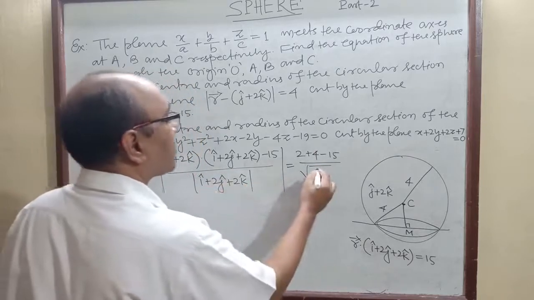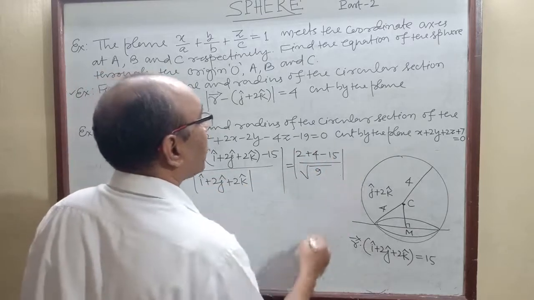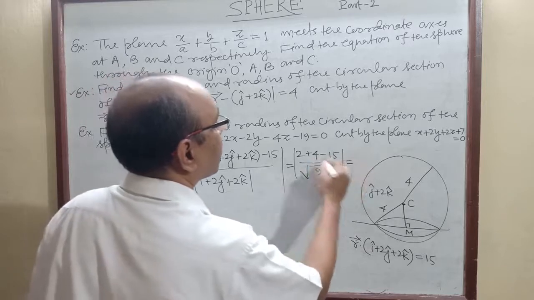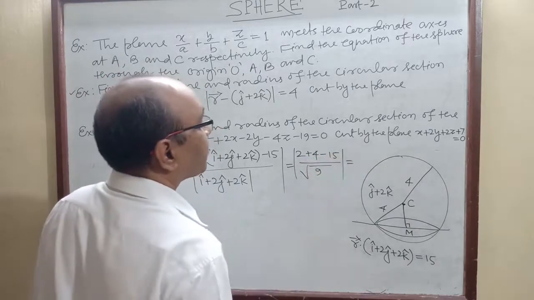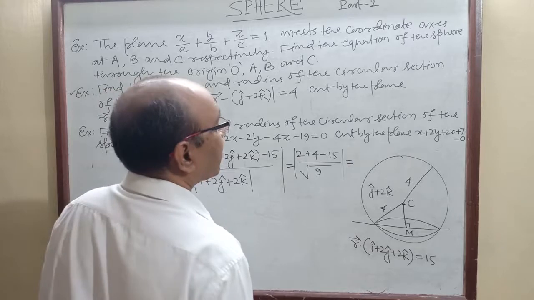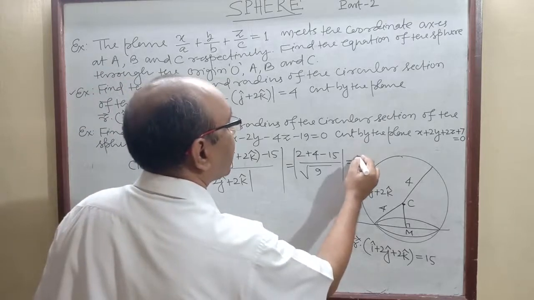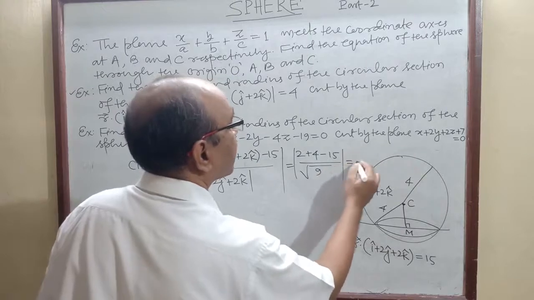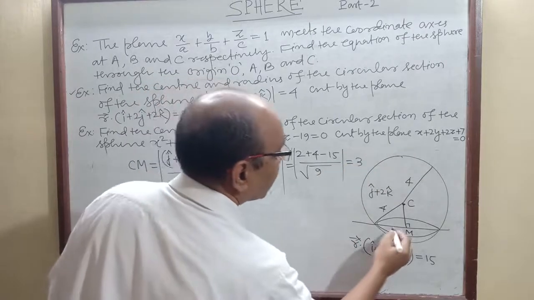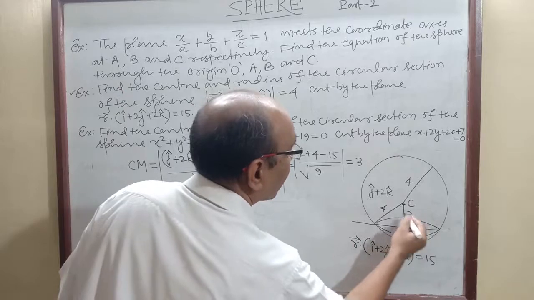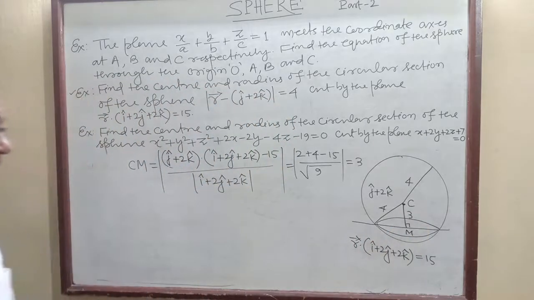Its magnitude is root 9, its mod, so it is 6. So 6 minus 15 is minus 9, its magnitude 9. 9 by 3 means 3. 3 is the length of the perpendicular from the center of the sphere on this plane.